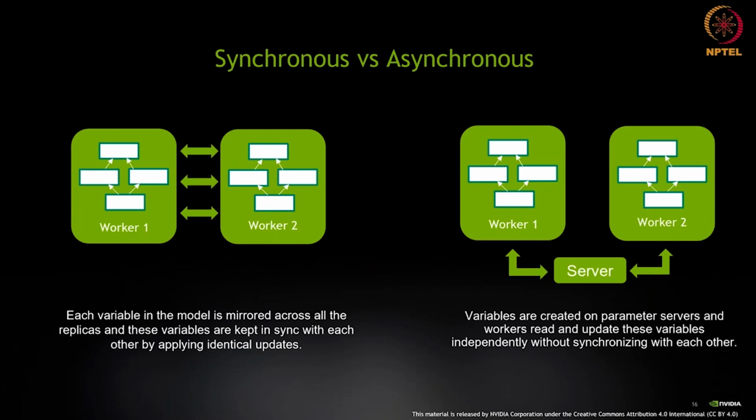So in case of load imbalance, or if one worker is slower compared to the others, you can get into scaling issues. While in case of asynchronous communication with a parameter server, the workers work independently of each other. In the next set of slides, we are going to focus on the synchronous data parallel approach. But asynchronous has its own way, and it finds its own space to make the scaling go better.